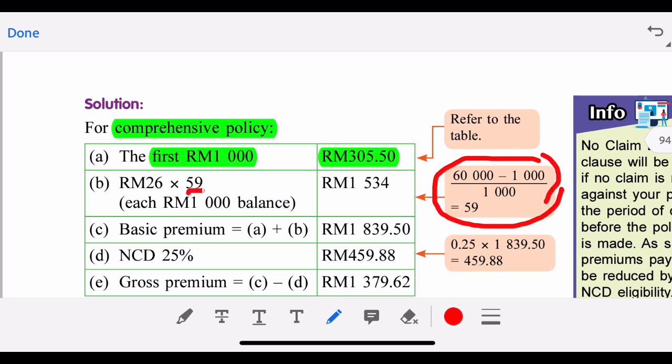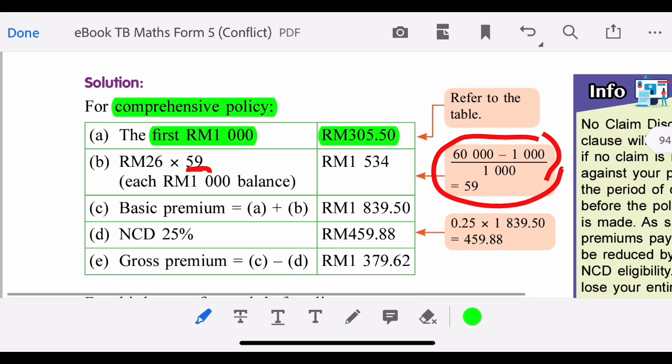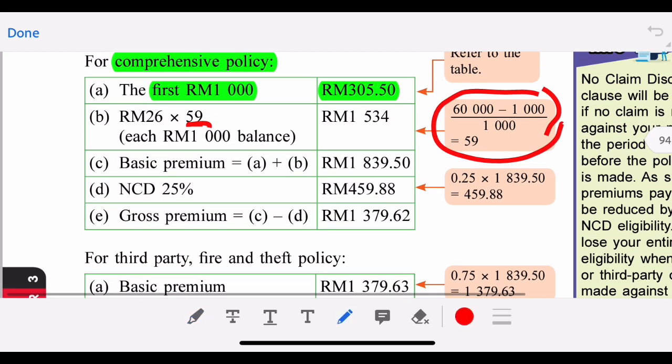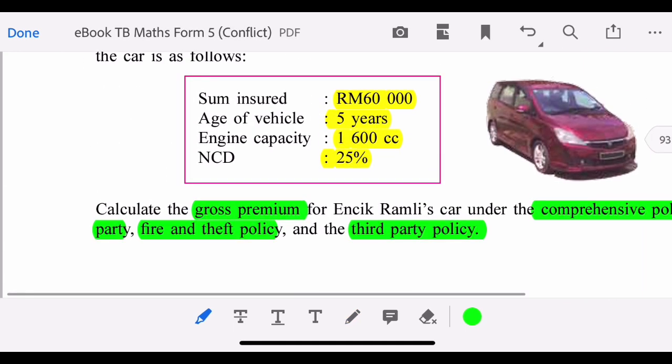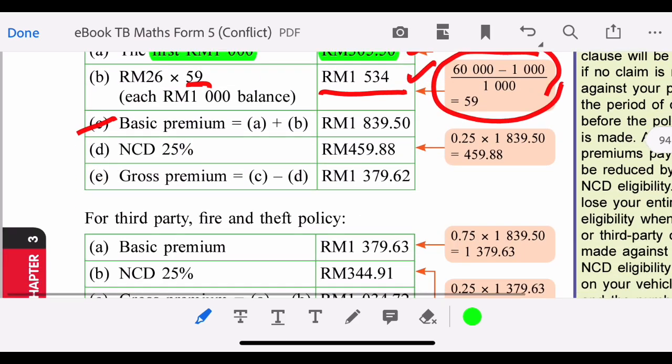So that is the figure that you need to multiply. So it's 26 times 59, so you get 1534 ringgit Malaysia. So the basic premium is you add the two, 305.5 plus 1534. It depends on the amount of the sum insured.